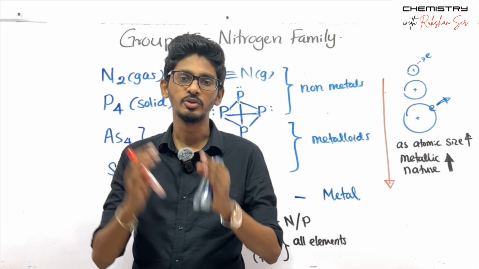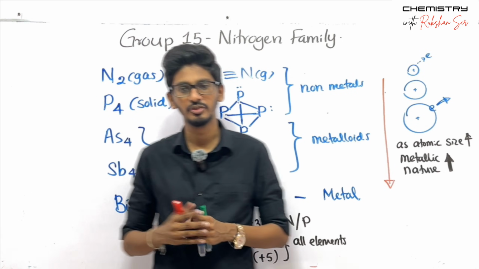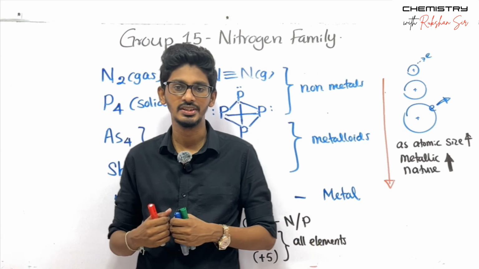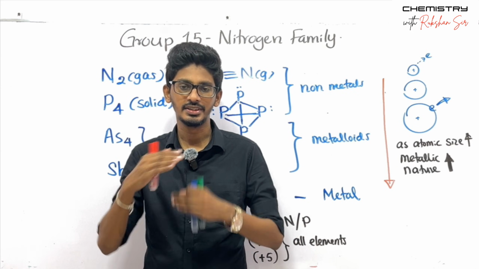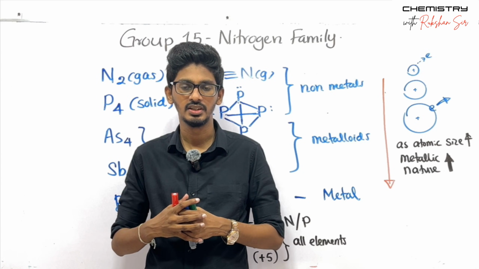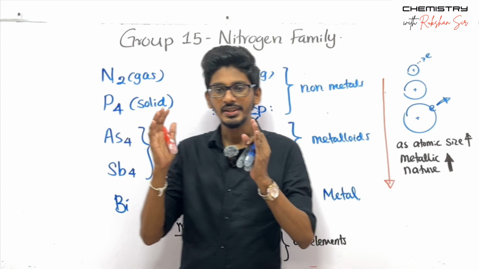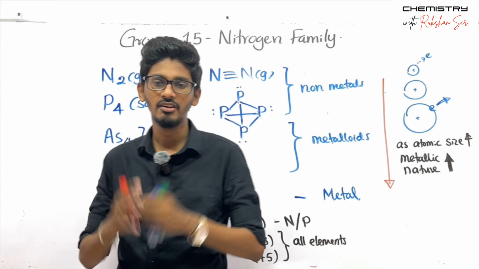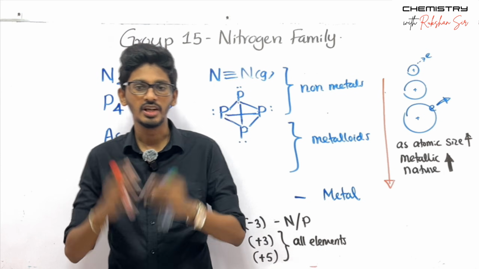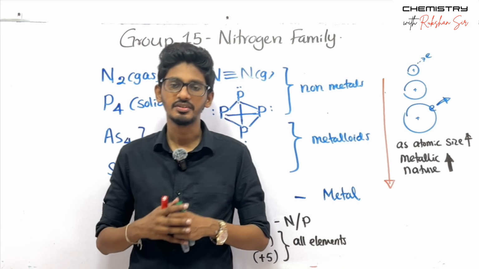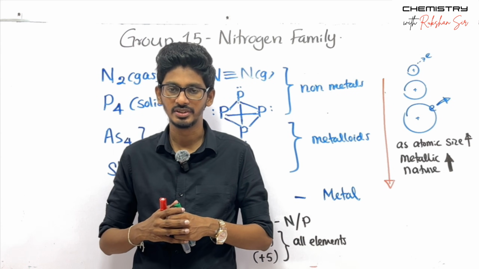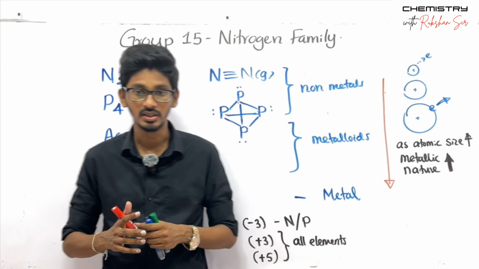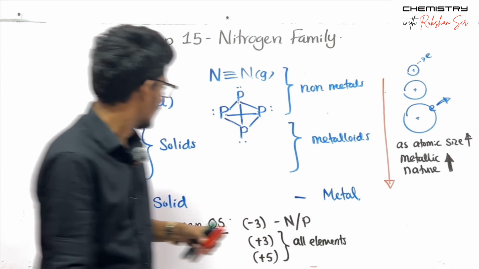The smallest oxidation state is -3, as you can gain 3 electrons and complete the shell. So the +5, the greatest oxidation state available with group 15, is really shown rarely by the last element of the group, bismuth.